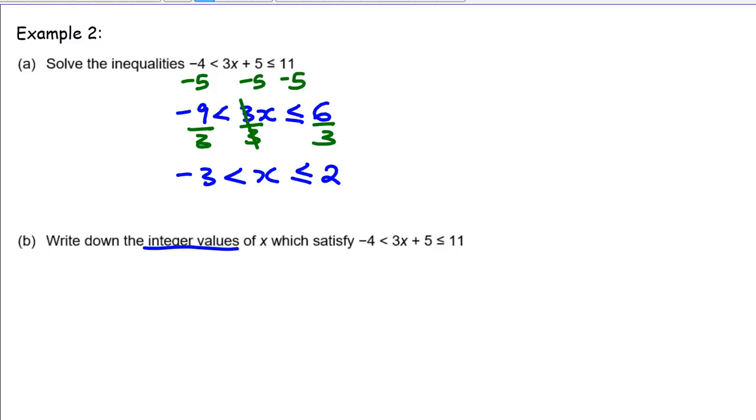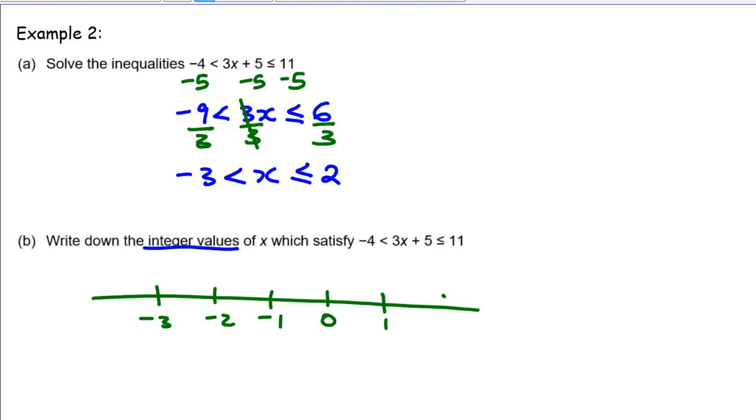One alternative is basically to try and graph so that you can visualize this. So if I graph this inequality, let me start from -3. So -3, -2, -1, 0, 1, and 2.